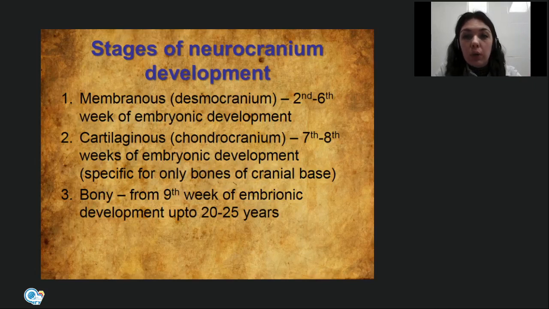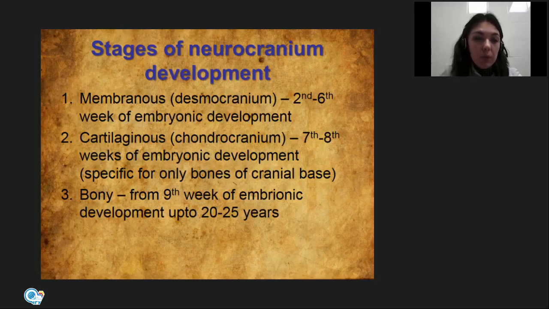For the neurocranium, especially for bones of the cranial base, endochondral ossification is specific. First it is the membranous stage, desmocranium, when the skull consists of connective tissue, and this stage lasts from the 2nd up to the 6th week of embryonic development. Then the cartilaginous stage, chondrocranium, lasts for 2 weeks only, during the 7th and 8th weeks.